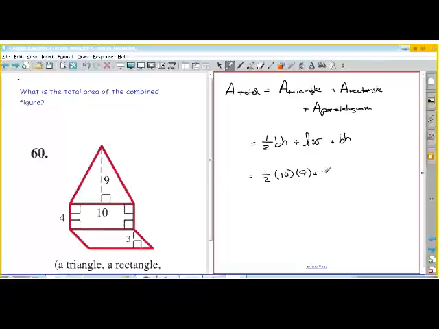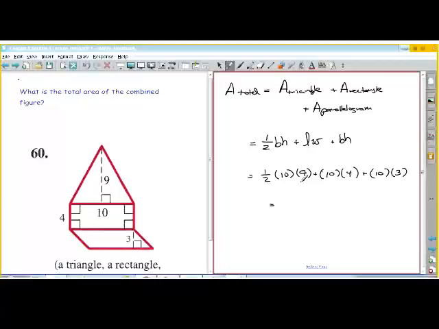The area of the rectangle is just the length times the width. So the length is 10, the width is 4. And then for the parallelogram, these are both 10 units, and the height is 3, so that's 10 times 3. And you just plug all that in there, and you get a number.